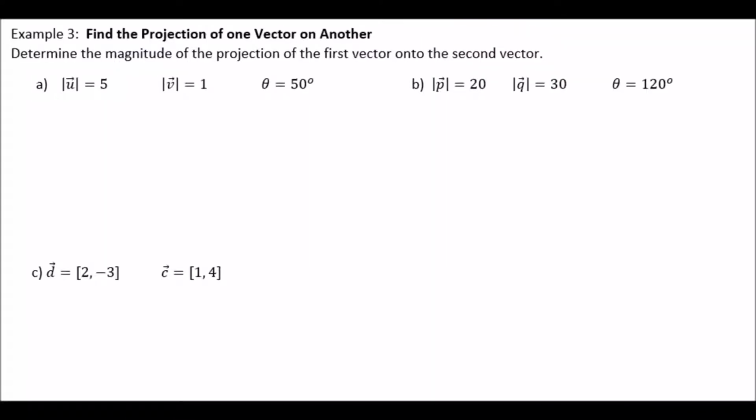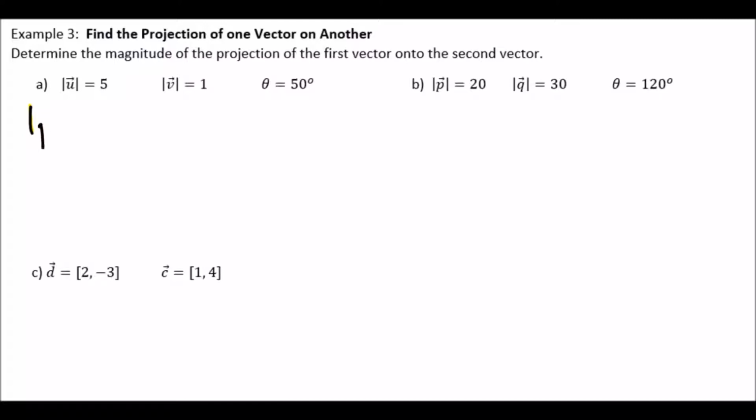Alright, we'll do a few examples here. So here, determine the magnitude of the projection of the first vector onto the second vector. So here's U and V, so I want to project U onto V with an angle of 50 degrees.